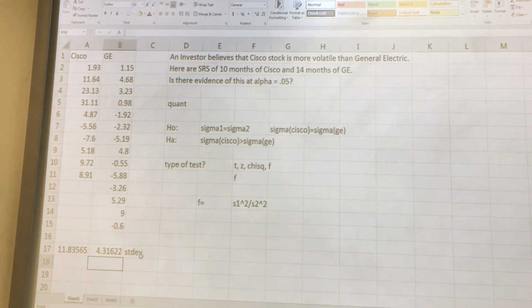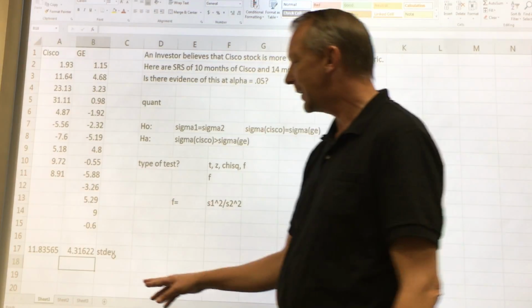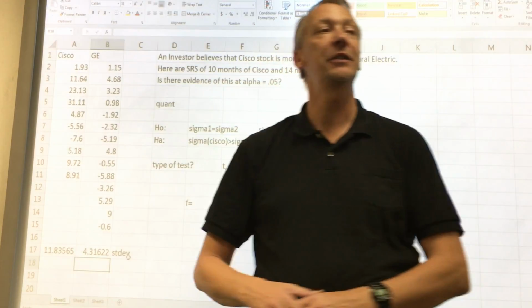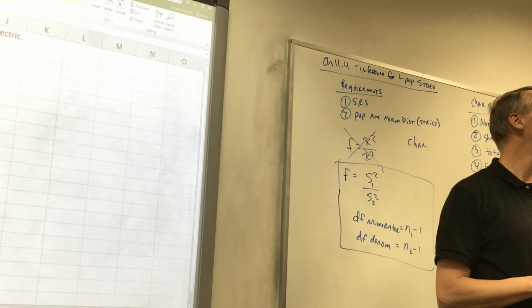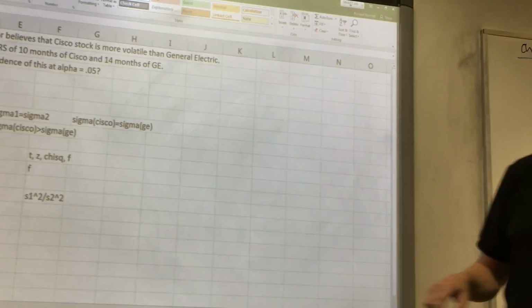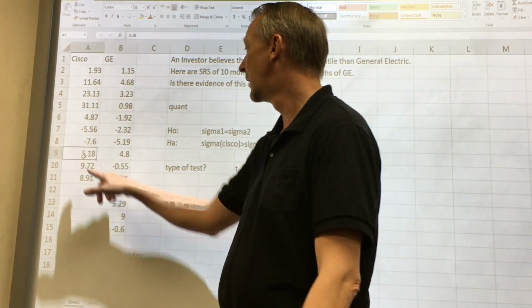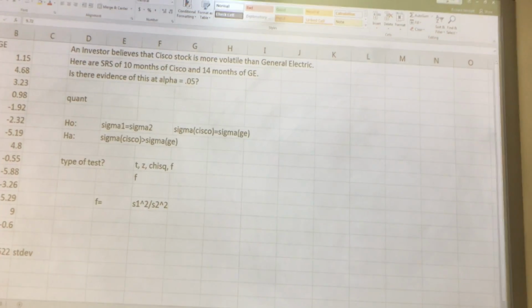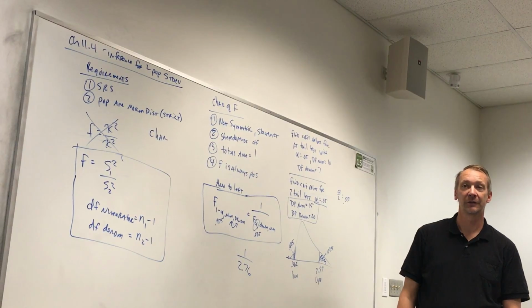As we look at these two numbers, does it appear that Cisco stock is more volatile than GE? Yes. 11 to 4, it looks like it's a lot more volatile. Notice it's getting negative returns and positive returns, which is what you'd expect from a volatile stock.